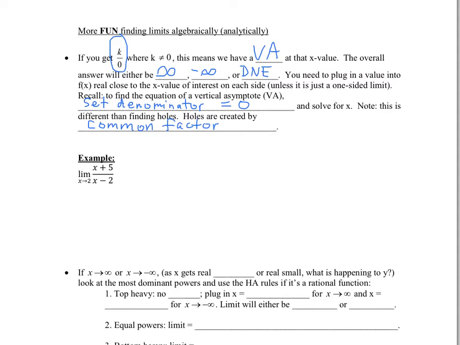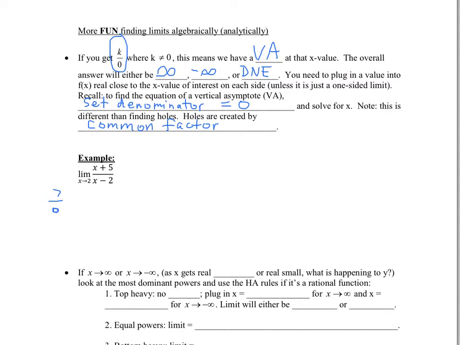Okay, let's take a look at an example here. We have a function where x is approaching 2. And notice if we were to perform our direct substitution, we're going to end up getting 7 over 0. So 7 over 0, this is undefined.